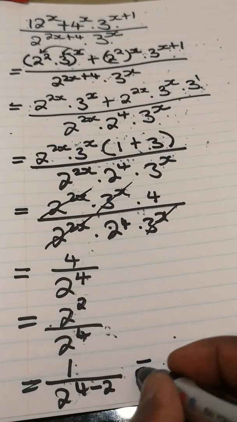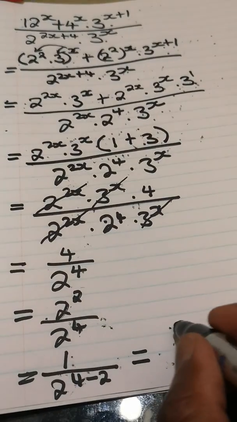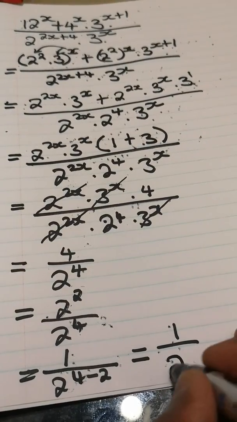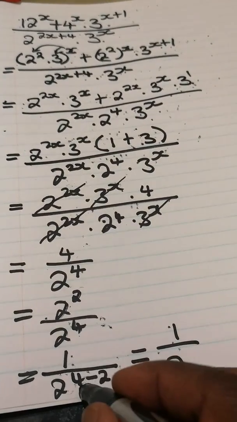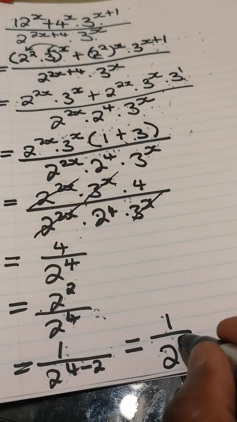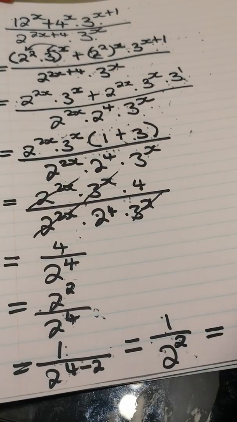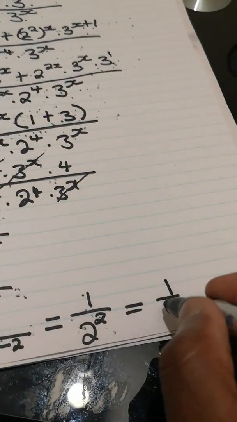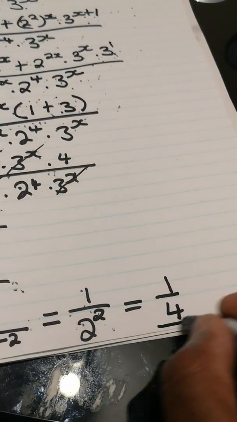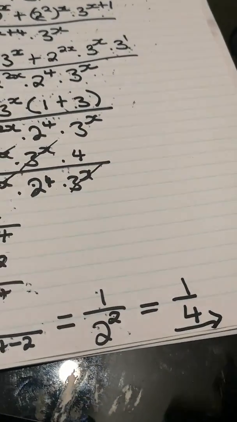This simplifies to 1 over 2 to exponent 4 minus 2, which is exponent 2 in the denominator, which then simplifies to 1 over 4. That's our final answer there.